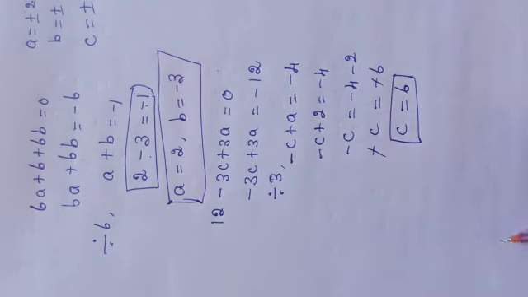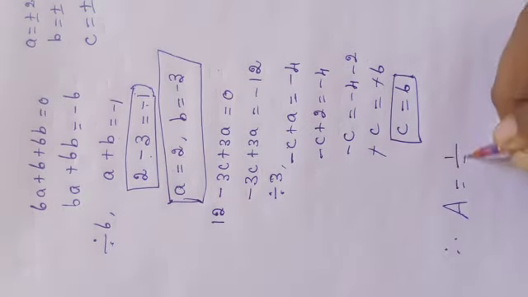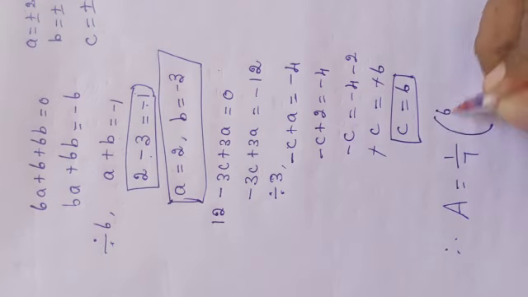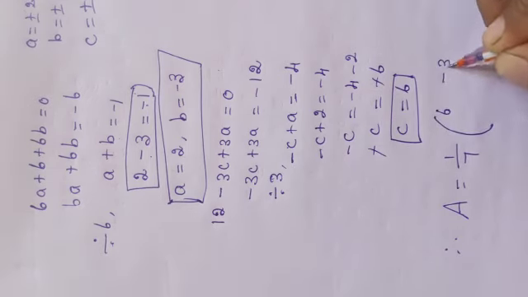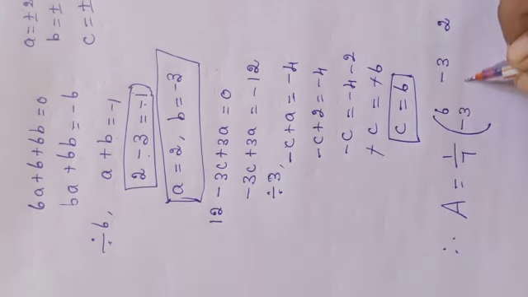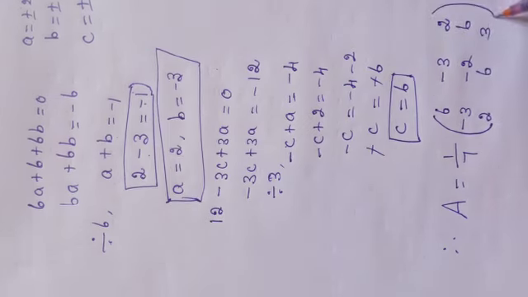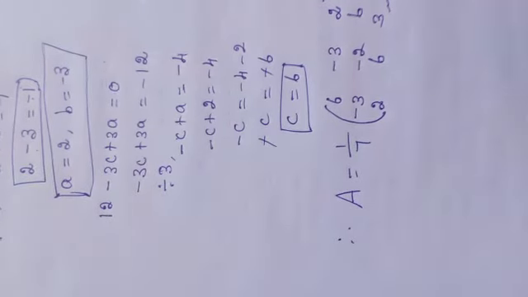Now we have to substitute in A. Therefore, the matrix A is equal to 1 by 7 into 6, minus 3, A where the value of A is 2, then B where the value of B is minus 3, minus 2, 6, 2, C where the value of C is 6, 3. So we have got it.